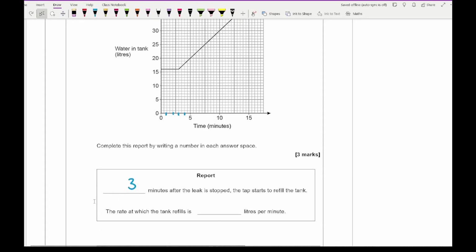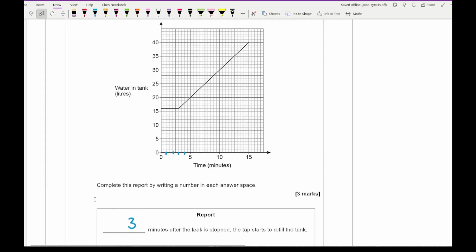And then what I need to do to work out the next space, to work out the rate, is work out the gradient of that line. So you pick 2 nice coordinates. So I'm going to go for these 2. And then I want to work out the gradient using the units on the scales. So going across, that's going to be 7.5.